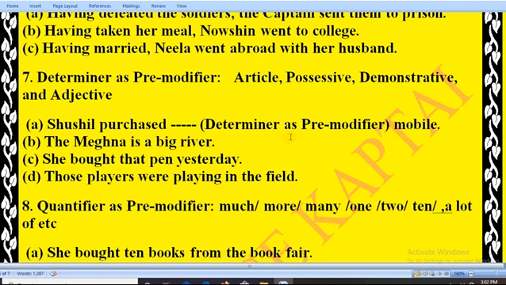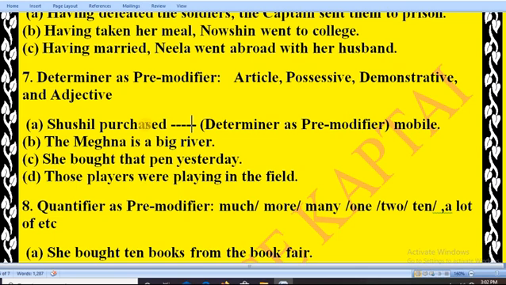Sushil purchased determiner as pre-modifier mobile. তারপর মোবাইলের আগে এমন একটি ডিটারমিনার ব্যবহার করতে বলছে যেটি দ্বারা ওই মোবাইলকে নির্দেশ করে, তাহলে এটা হতে পারে একটি মোবাইল। সো এমনও হতে পারে, Sushil purchased this mobile. সাপোজ আমি একটি বোঝাবো না, দিস বলবো, আমি বোঝাবো the mobile, তাও that is also correct. So here the answer will be different from person to person, teacher to teacher, student to student.